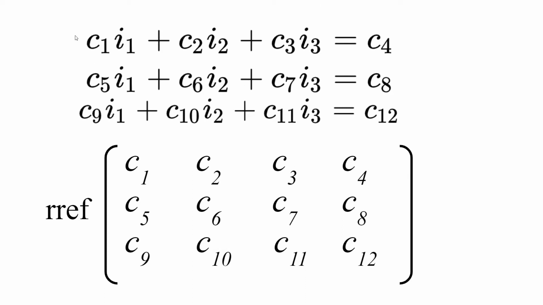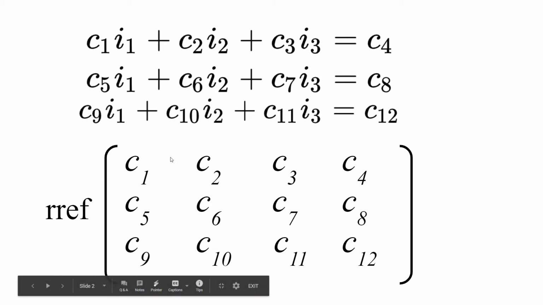So up here we have just the three equations in a generic format with 12 known constants that you'll supply, and then we have our three unknown variables, I1, I2, and I3. And all that we're going to be doing to make this matrix is to get rid of the I's.